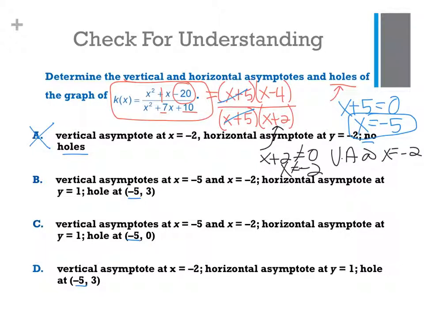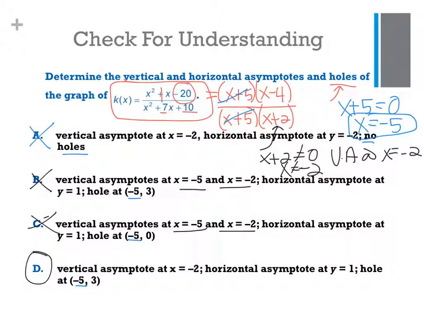So if I look at my choices, it says vertical asymptotes at negative 5 and negative 2. That is not true. We only have a vertical asymptote at negative 2. And choice C is not a correct response, because again it says we have 2 vertical asymptotes when we only have 1. So I do know that D is my correct response at this point.